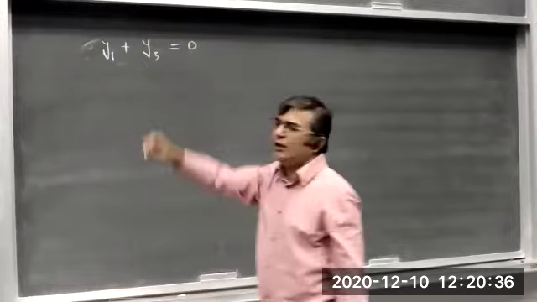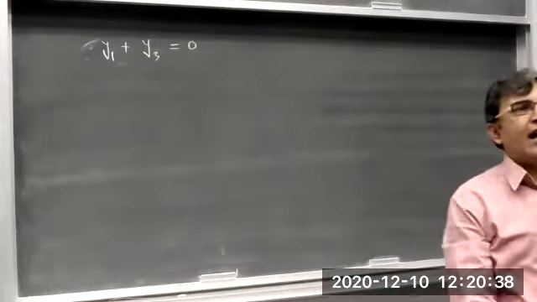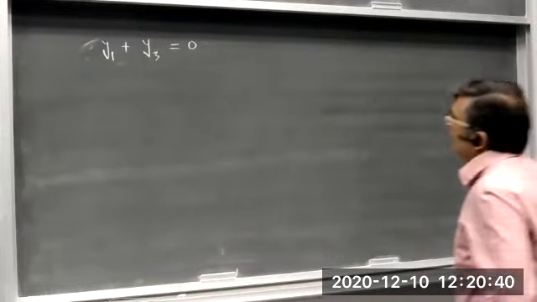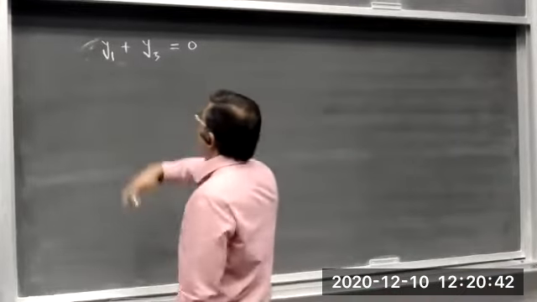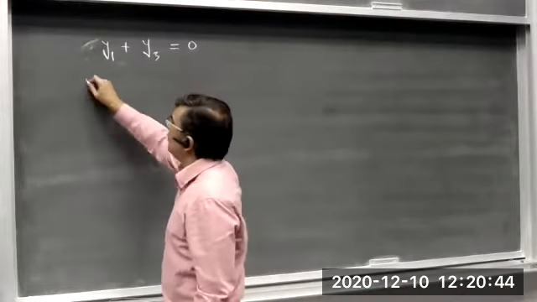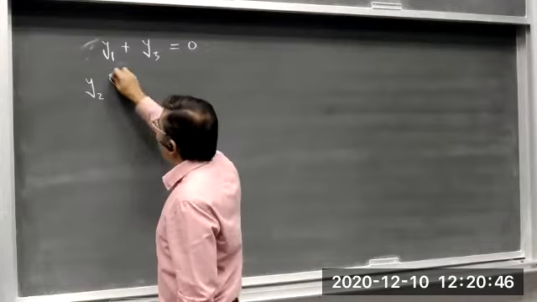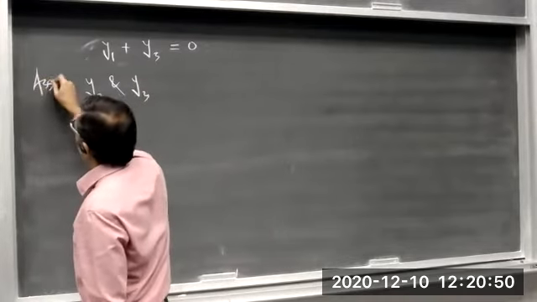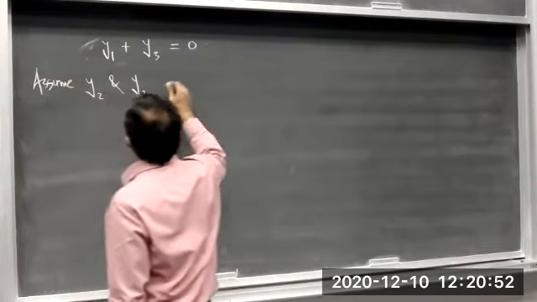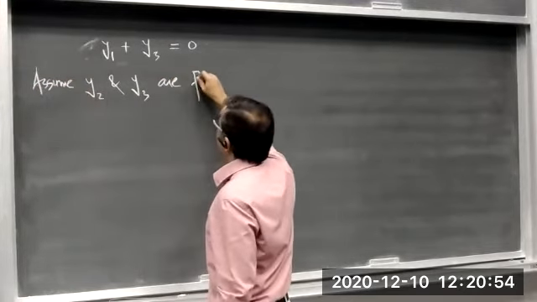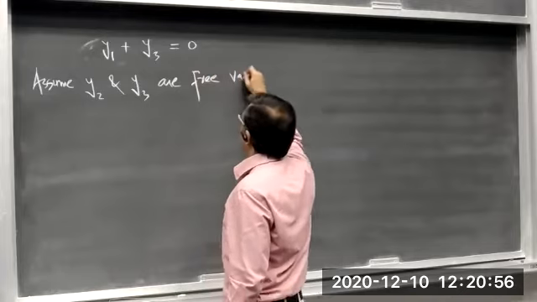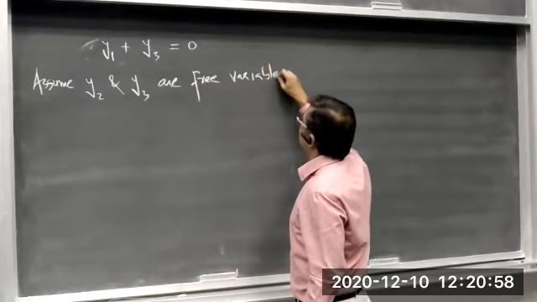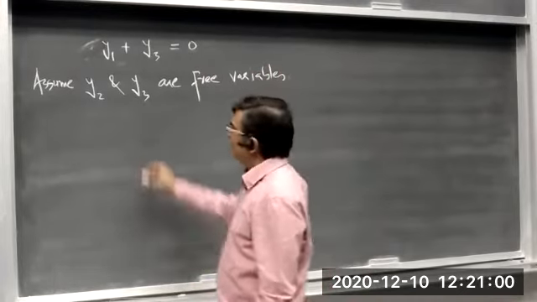This is all we have got from that linear system. Now, you can see that there's no y2. So y2 and y3, we assume that y2 and y3 are free variables.